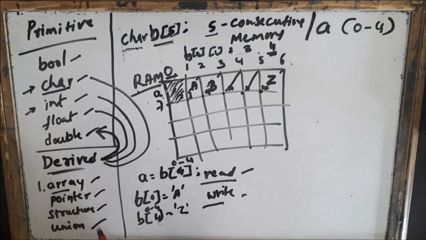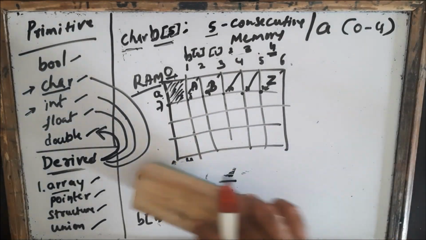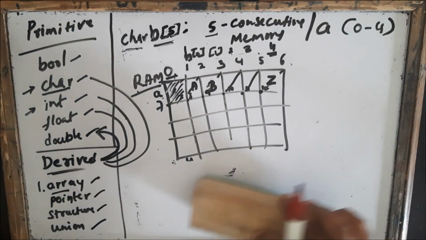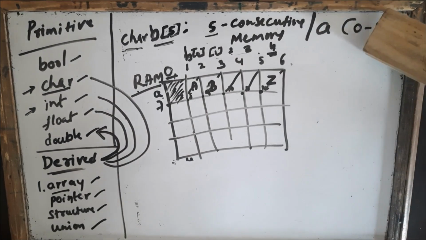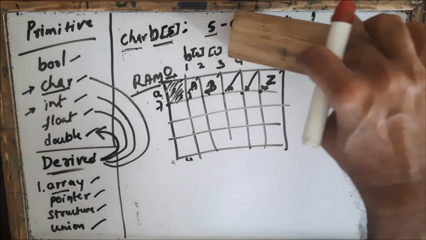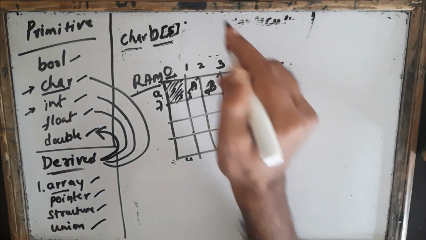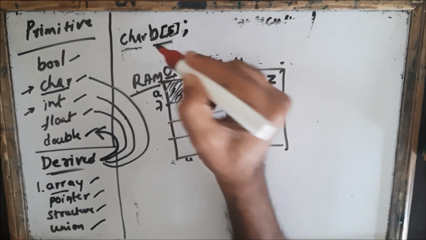Okay. Now let's understand one more type here. The character array is where you can store consecutive characters in consecutive memory.